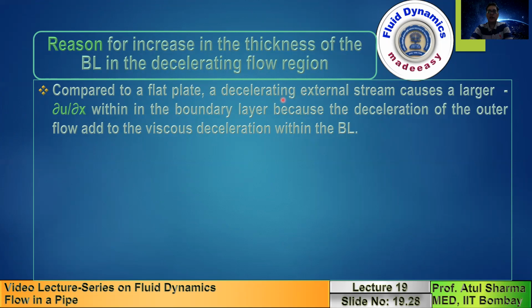Then there is a decelerating external flow, which causes a larger del u by del x within the boundary layer. When you have an adverse pressure gradient, the pressure force tries to reduce the streamwise momentum, or the streamwise momentum flow rate. That leads to a larger del u by del x within the boundary layer, because the deceleration of the outer flow adds to the viscous deceleration within the boundary layer.